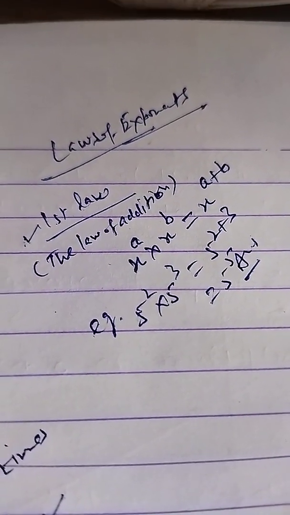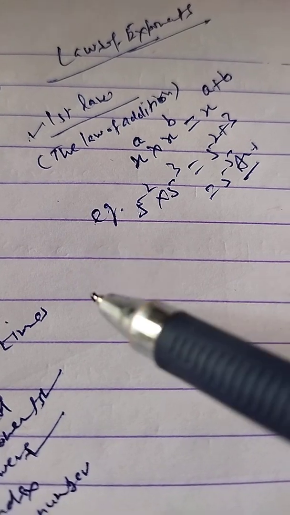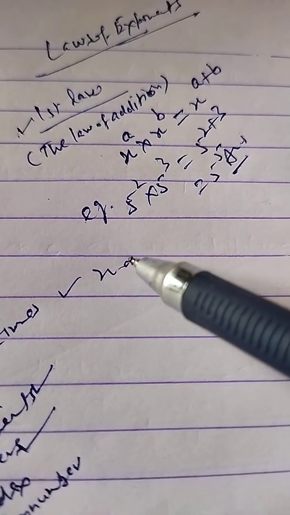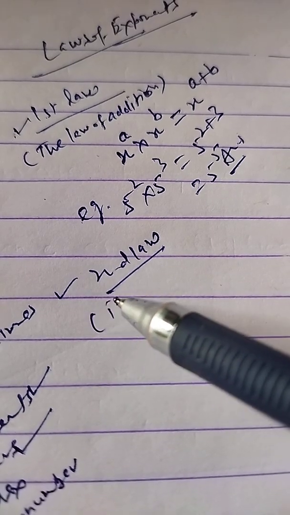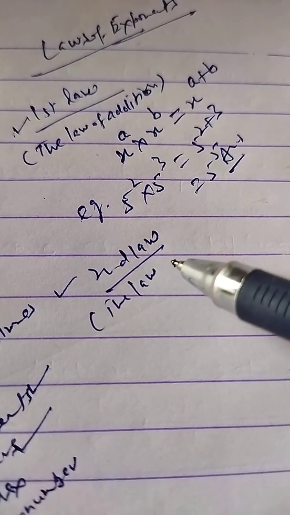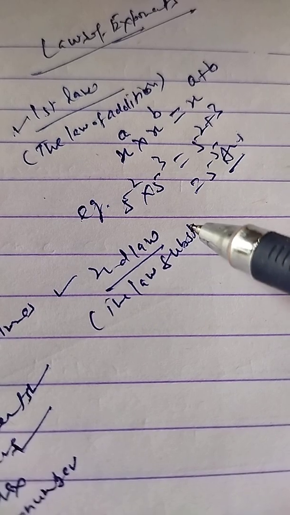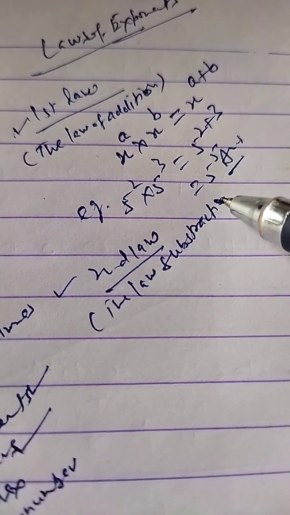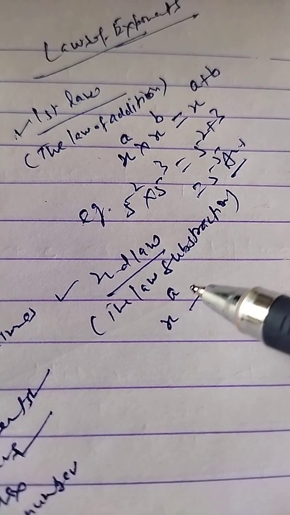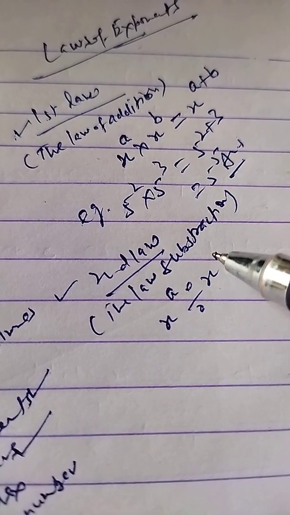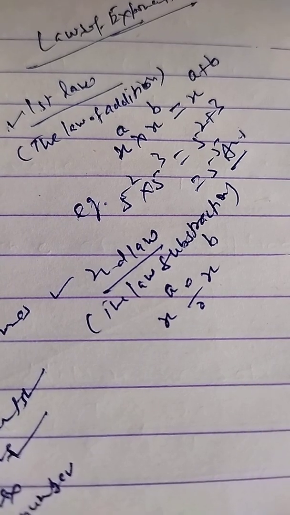Then second law, that is called the law of subtraction also. Second law, which is called the law of subtraction. What to do here? Again the same thing is there. Now it will be taken like divided, x raised to the power a divided by x raised to the power b.